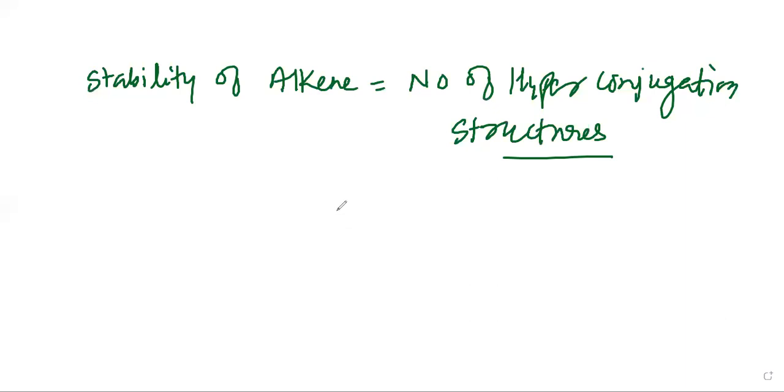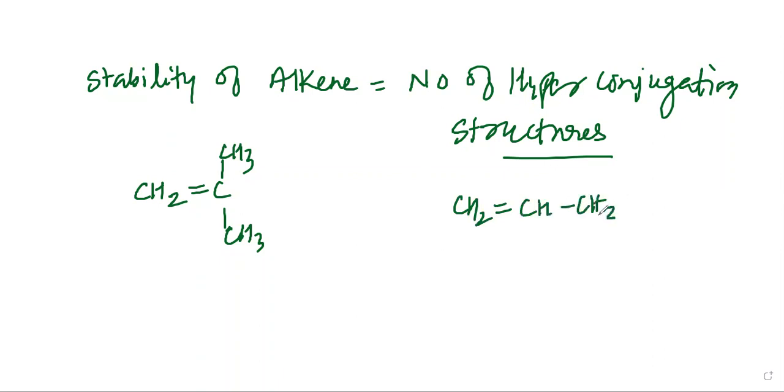So please remember that the stability of alkene depends upon the number of hyperconjugation structures. Suppose you have CH2 double bond C, and then you have CH3 and CH3. And then you have CH2 double bond C, H, and then CH3.